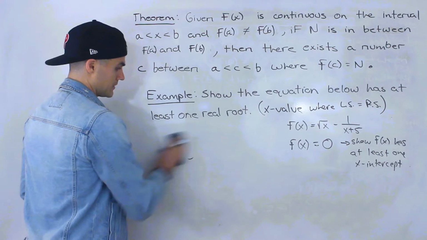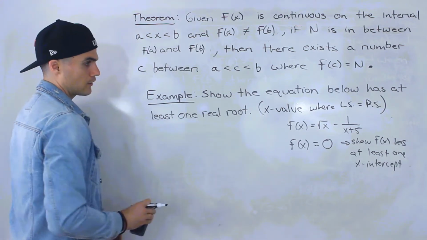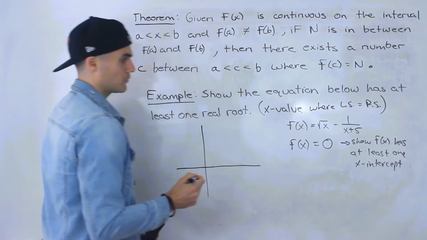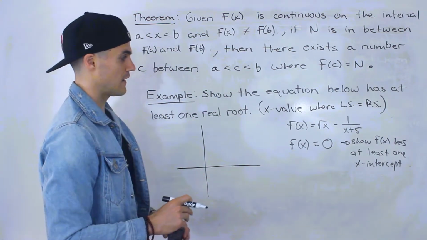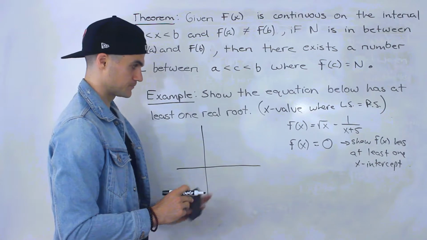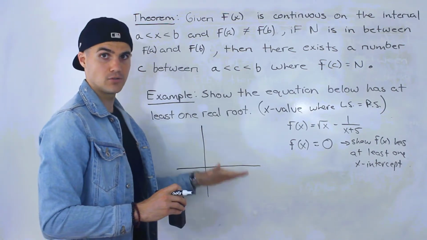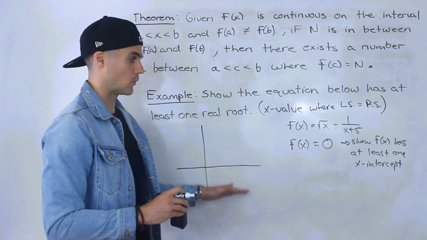So we'll keep that in mind when we're picking an interval. If you remember from the previous example, what do we have to do? We basically have to find two x values that have a positive y value and a negative y value. Why?